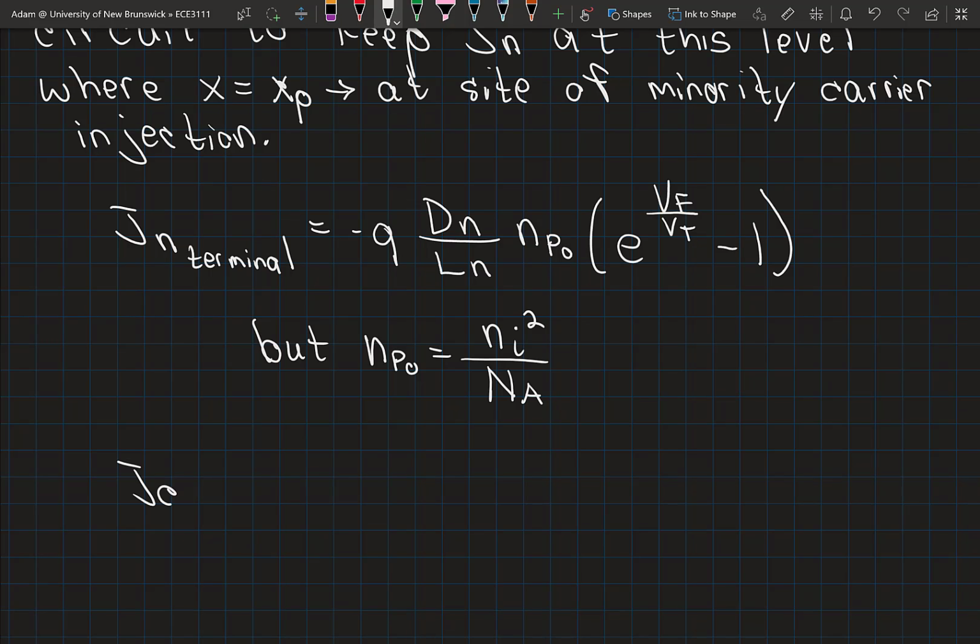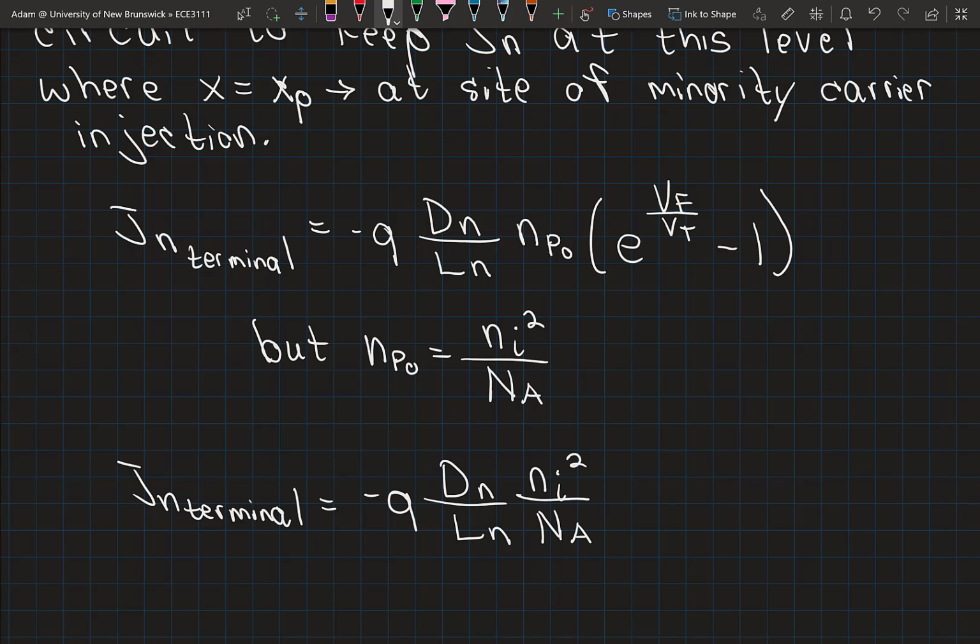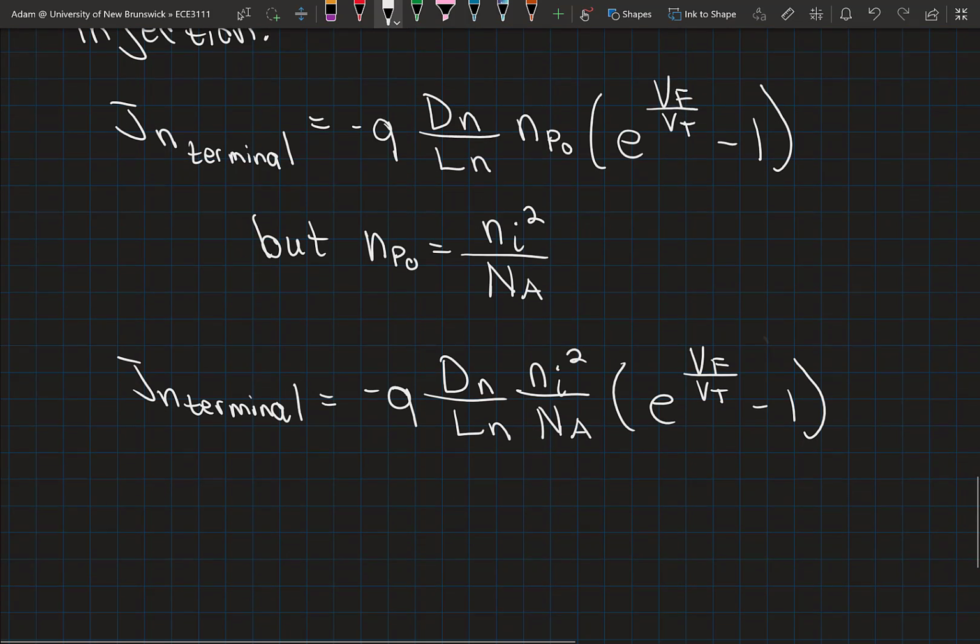So then my current density expression becomes minus q times my diffusion constant divided by my diffusion length times my intrinsic concentration squared divided by my acceptor concentration times e to the Vf over Vt minus 1. Okay?